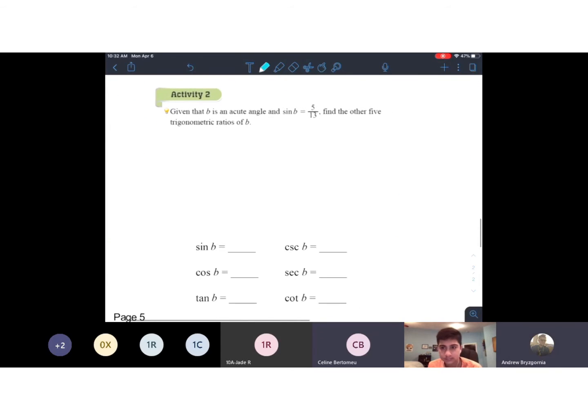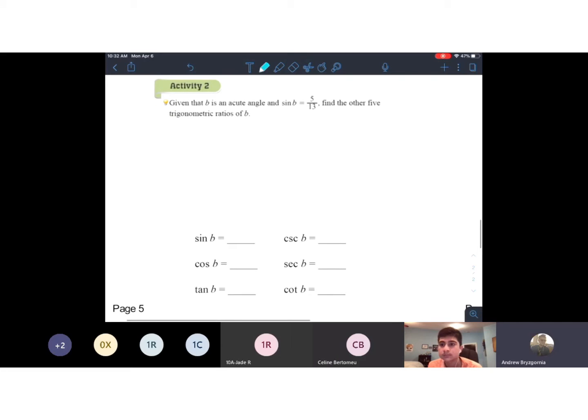what I want you to do then is I want you to try this on your own. So B is an acute angle, sine of B is 5 over 13, and go ahead and find the other 5 trig ratios. There should not be any weird radicals in your answers.